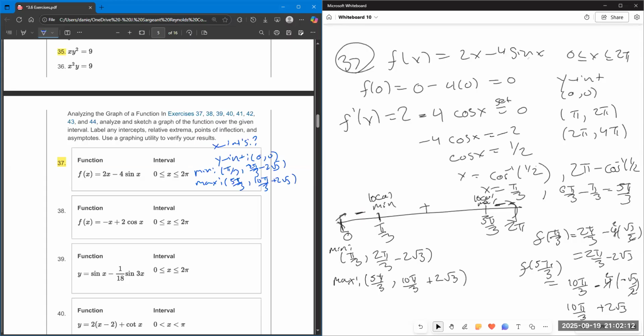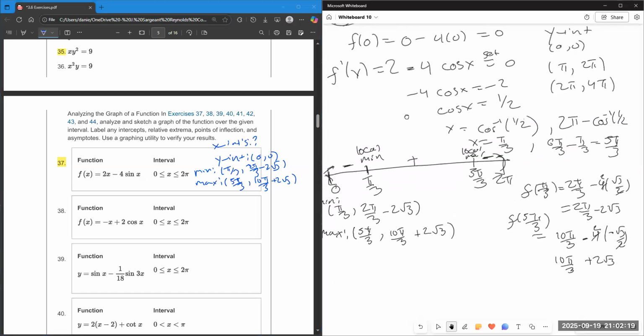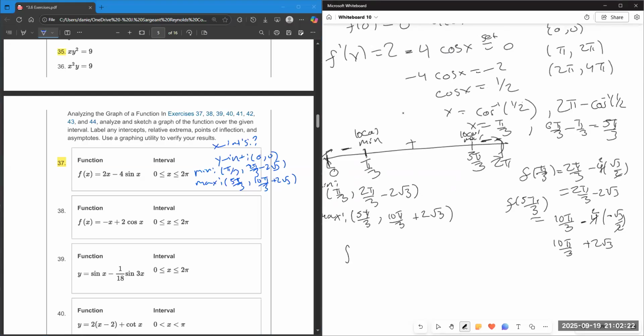Let's see if I need to find points of inflection. I do. So that makes my second derivative equal to 4 sine x. That equals 0 when sine is equal to 0. And I'm not interested in the endpoints. Those won't be points of inflection, so the only thing in the middle that will be a point of inflection is when x is equal to pi.